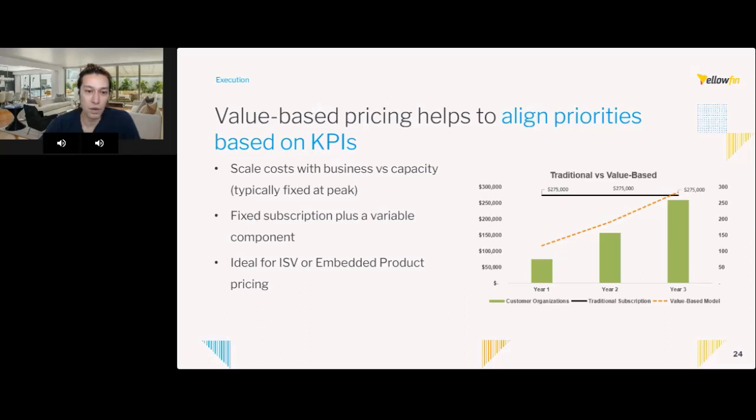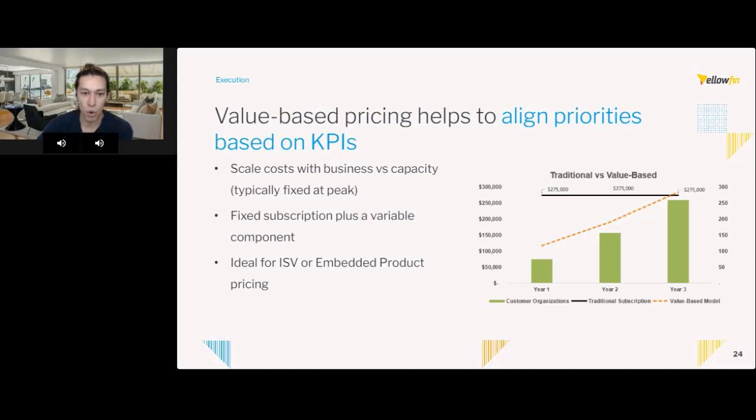And this also helps to ensure that our KPIs and costs are aligned with their KPIs and goals, that as they add more customers, only then do their costs increase. So traditional pricing, the customer would have spent $275,000 a year for yearly subscriptions.